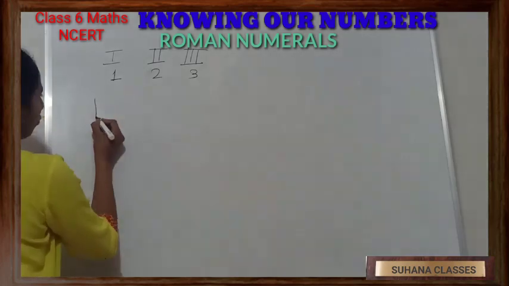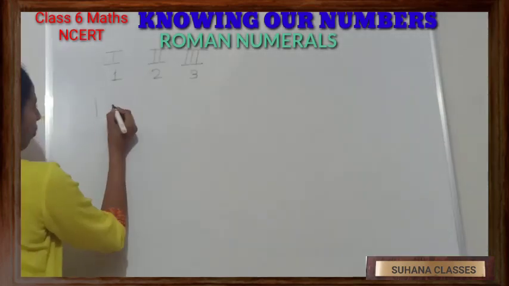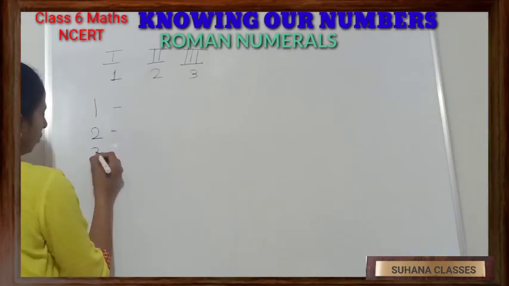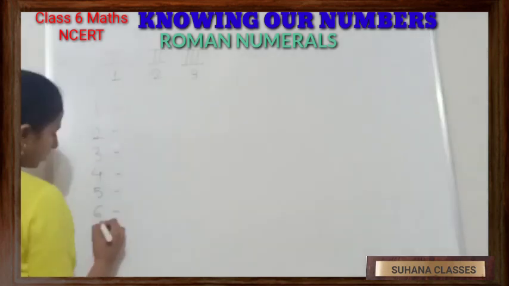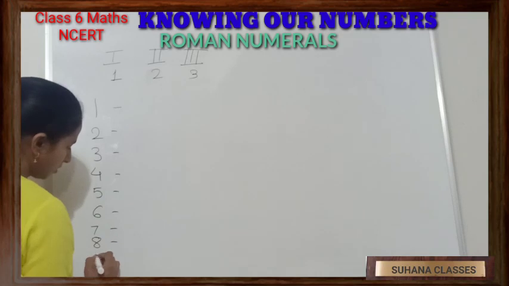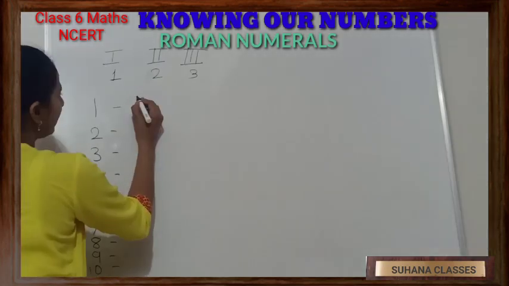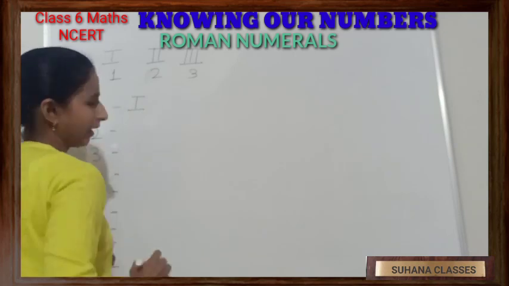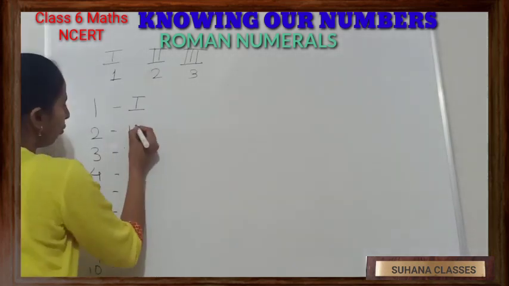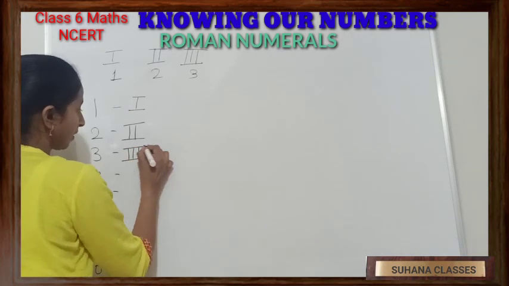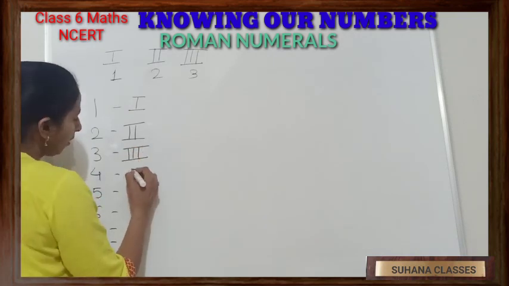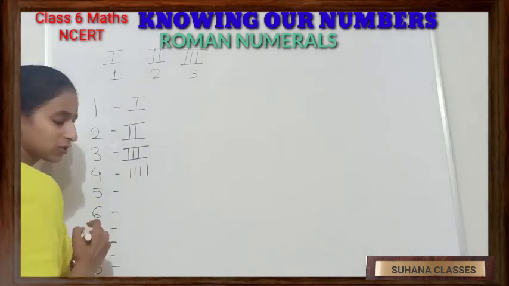So if I want to write numbers up to 10: 1, 2, 3, 4, 5, 6, 7, 8, 9 and 10. Okay, so 1 is written like this. 2 is written like this. 3 like this. 4, can I write 4 like this?